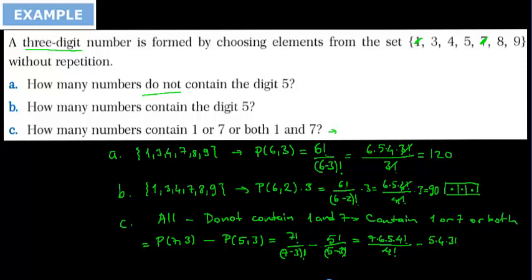When we simplify, 7 times 6 is 42, times 5 is going to be 210, minus 60, because 5 times 4 is 20, times 3 is 60. So 150 numbers contain 1 or 7 or both of them.